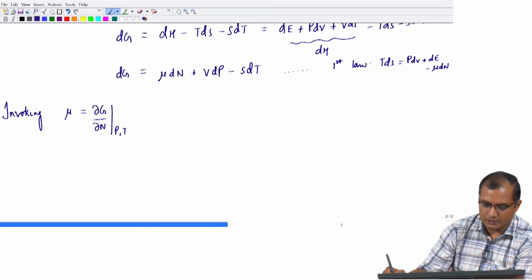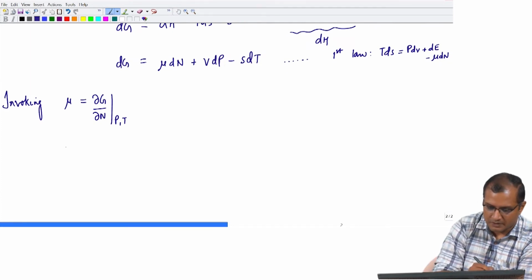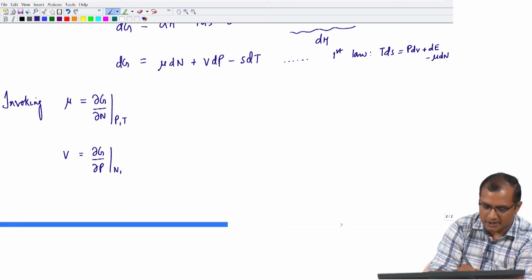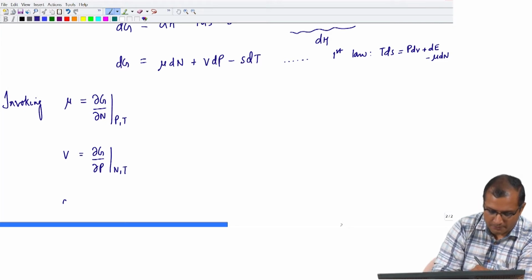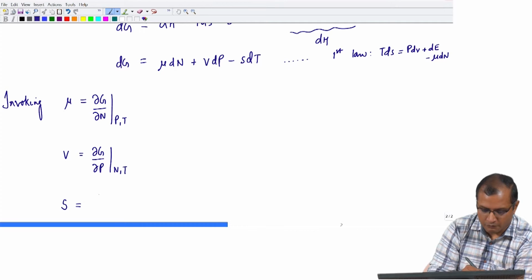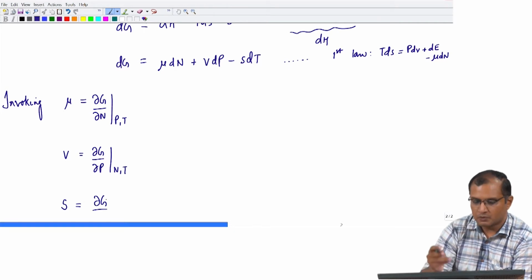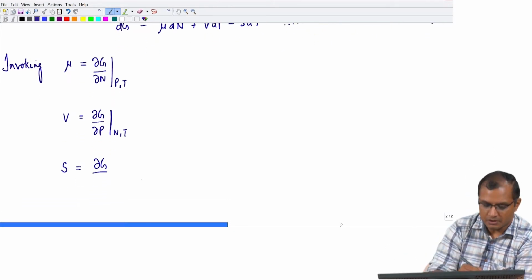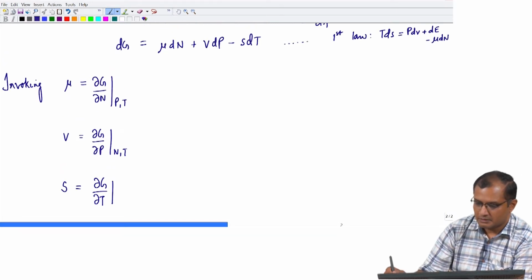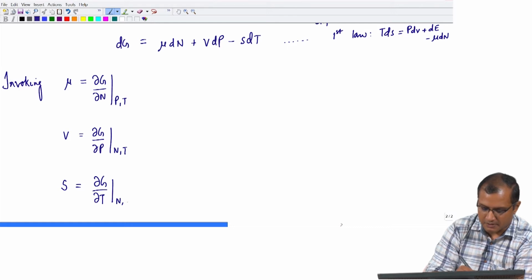I can also invoke the derivative with respect to pressure to compute volume, but then I have to fix number of particles and temperature, and I can also compute entropy by invoking derivative with respect to temperature, but holding number of particles and pressure constant.